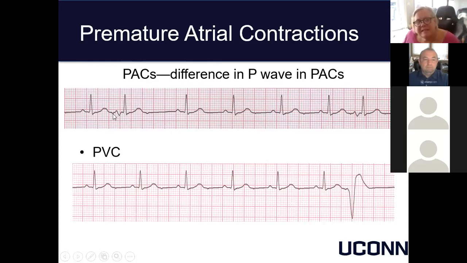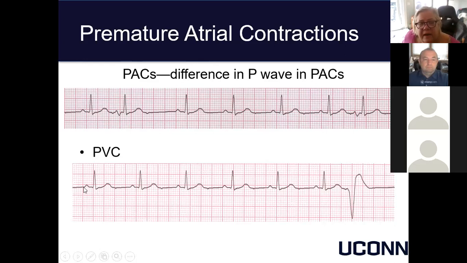It implies that this impulse did not come from the SA node. It came from somewhere else in the atrium. So it's still an atrial generated QRS response. It's just not out of the SA node the way these others were. And it's early or premature. So that's what a PAC can look like.